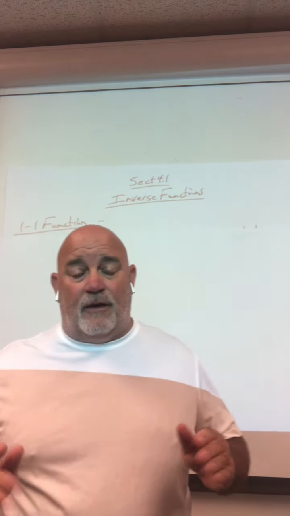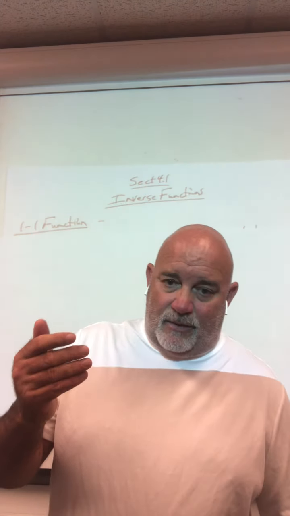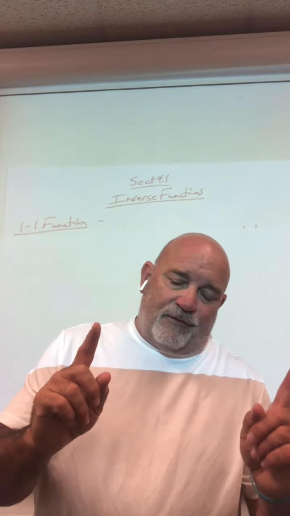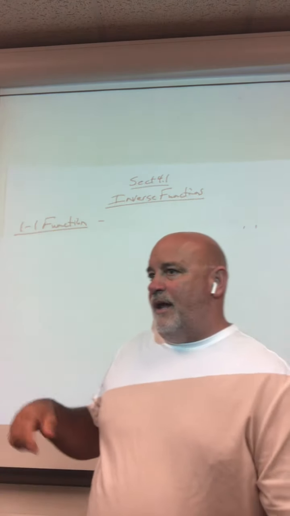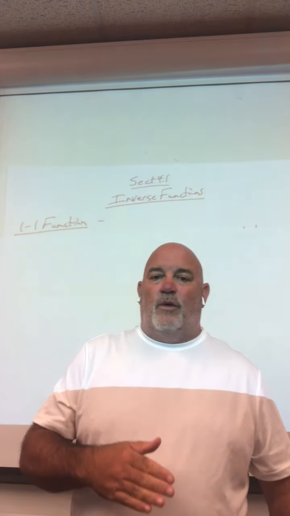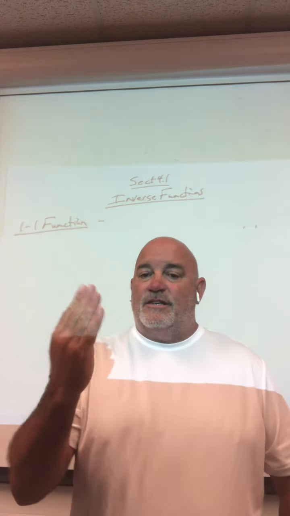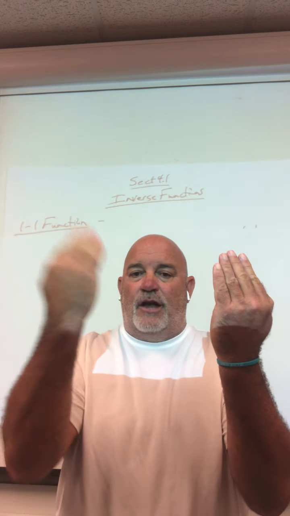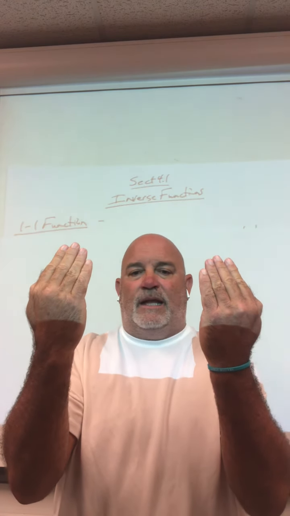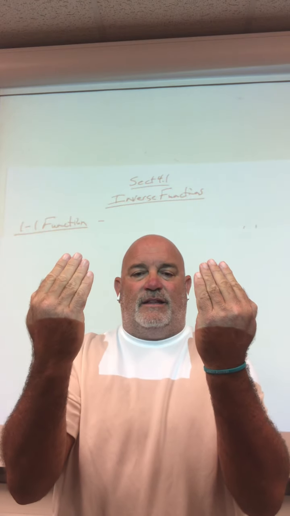Okay, so a function says the x's can't repeat. A one-to-one function says neither one of them can repeat. And by the way, the idea of what it says, a one-to-one function, tells you its name. So if x 7 is paired with 5, the number 7 will never repeat again and be paired with anything else.